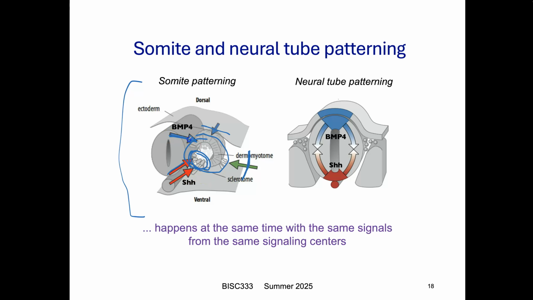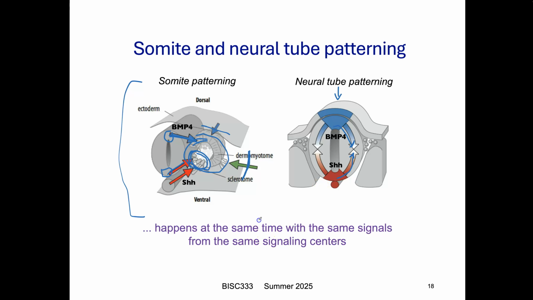And then the BMP4 signals here are telling the dermamyotome that you're going to form muscles, and it leads to enhancement of muscle-specific genes and so on. So that's somite patterning. And just to point out that the neural tube, while it's receiving the signal from the notochord, and while it's giving signals to help pattern the somites, it's also being patterned itself by these same signals, right?